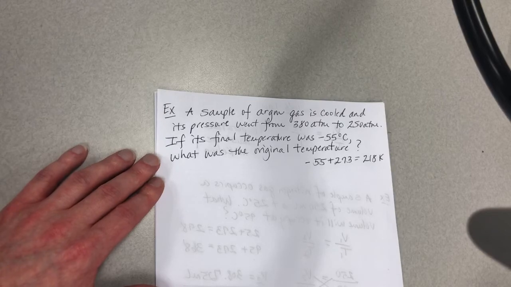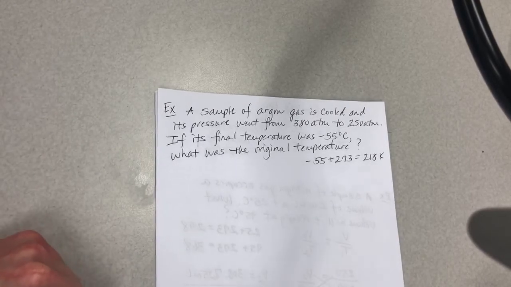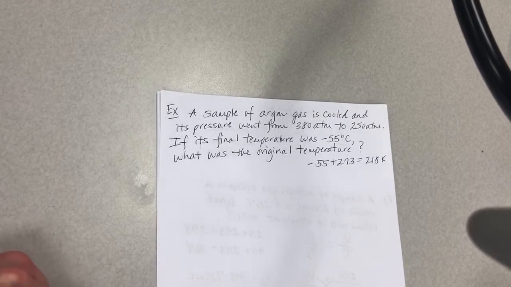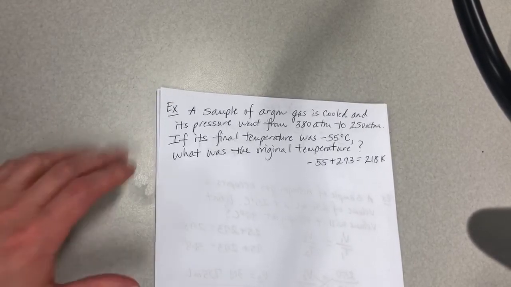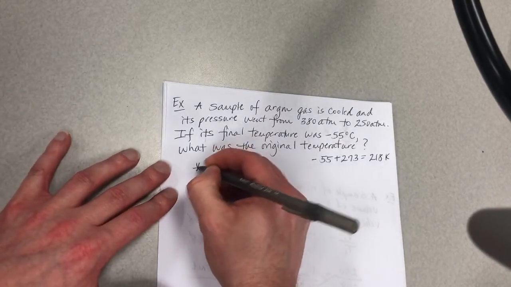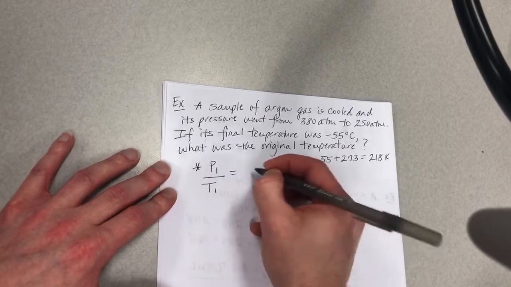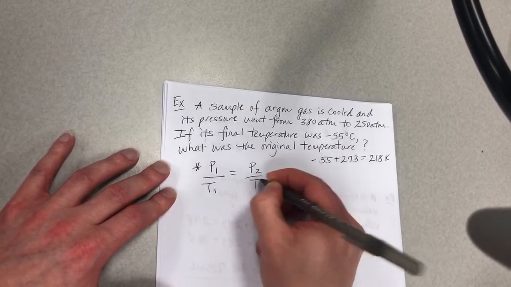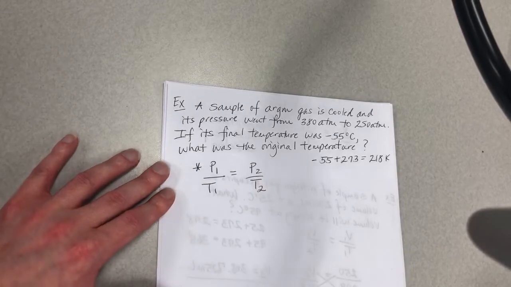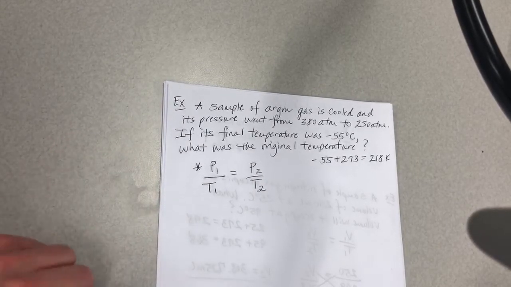So on this one, just to work it out, I'm sorry, I didn't realize that this was on the Charles Law worksheet. Okay, so this actually follows the formula P1 over T1 is equal to P2 over T2. So this is actually not a Charles Law example because it doesn't talk about volume.